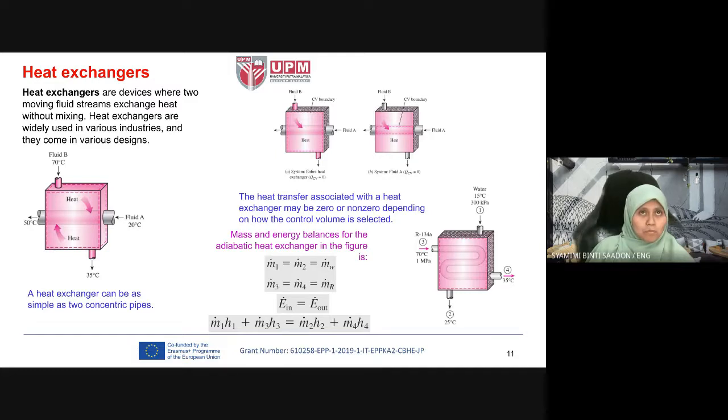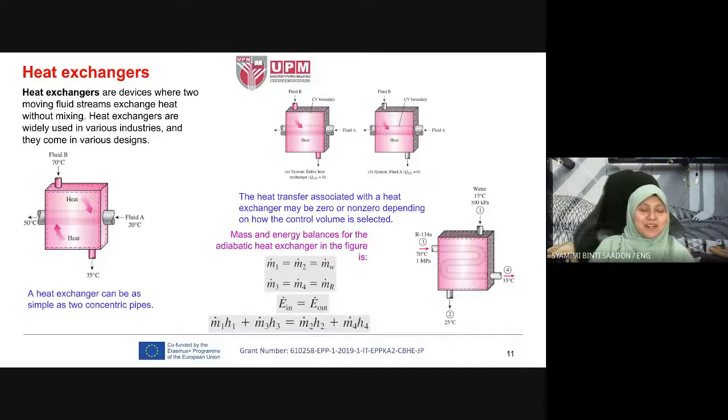So fluid A will be the working fluid in the evaporation cycle. And that means we need a heat source from outside, which is fluid B. Tak apalah, saya kena lukis, tak apa.